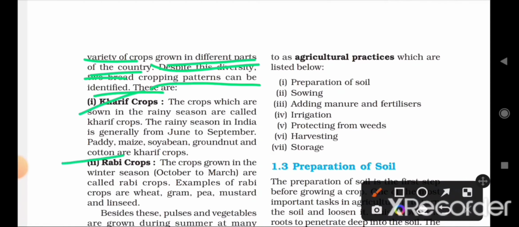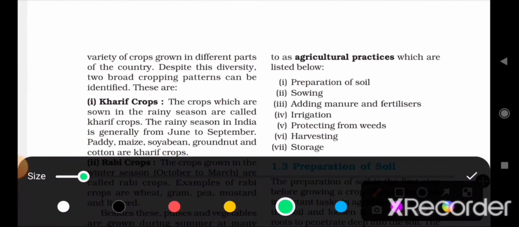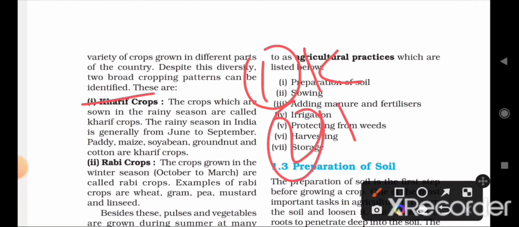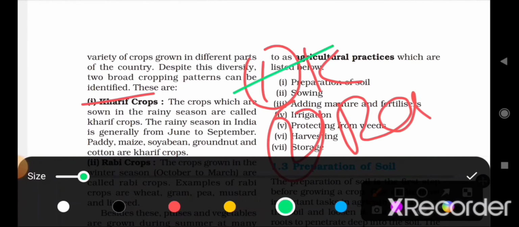Remember, these are the very important two types. In the exam, if they ask you to write the types of crops, we can write Kharif crops and Rabi crops.